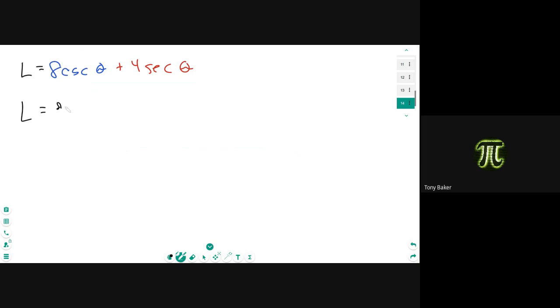So it's going to be 8 cosecant theta cotangent theta. And then secant is secant tangent. You have to memorize the derivatives of the secants. You get your index card.